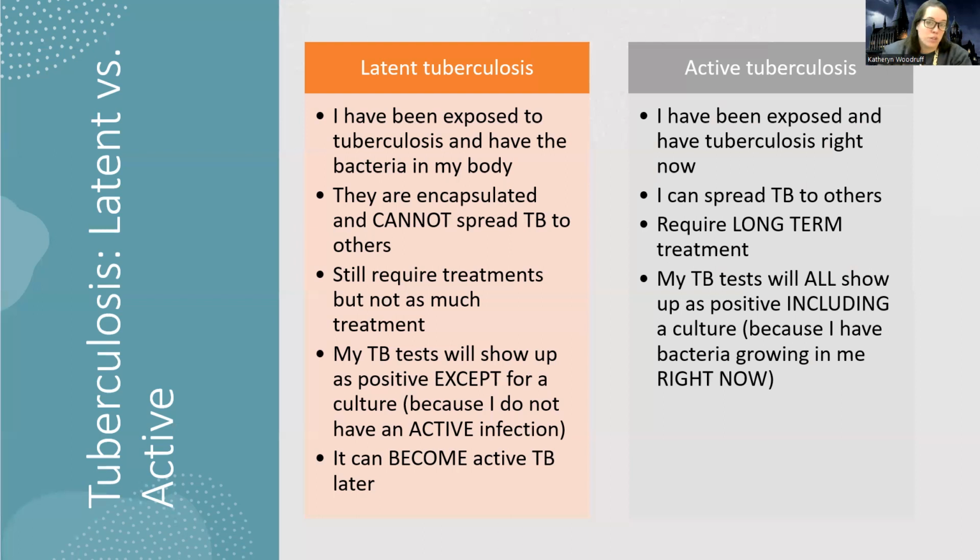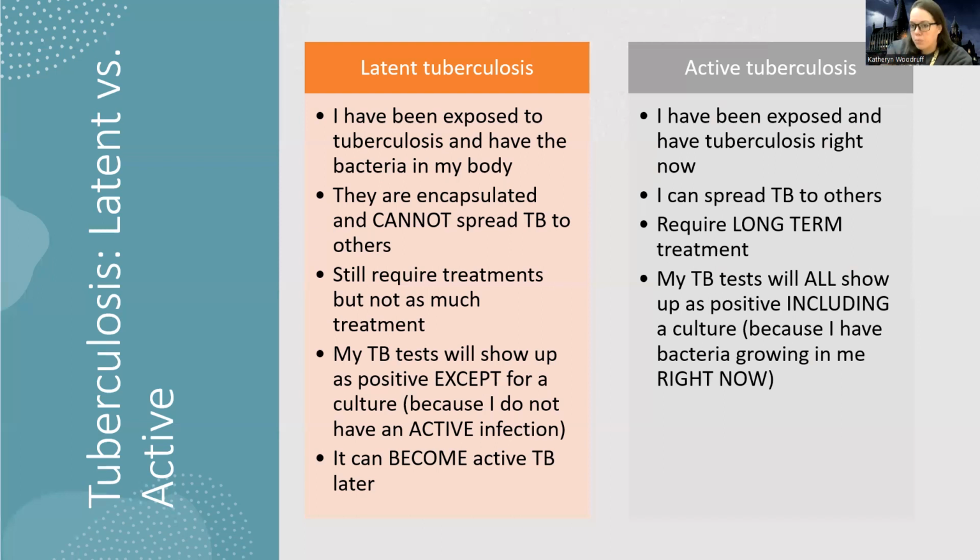Now, I've been exposed to tuberculosis, so my immune system has built up a response against it. Therefore, my TB tests are always going to show up as positive. And again, like I said, at a later time, if I'm immunocompromised or something happens with my immune system, it can become active later and get released. Whereas with active tuberculosis, that would be the other side of that, let's say that my immune system doesn't have the defense to fight against tuberculosis.